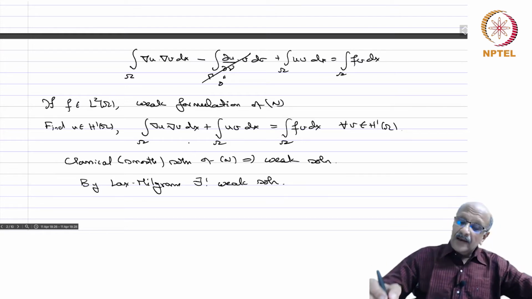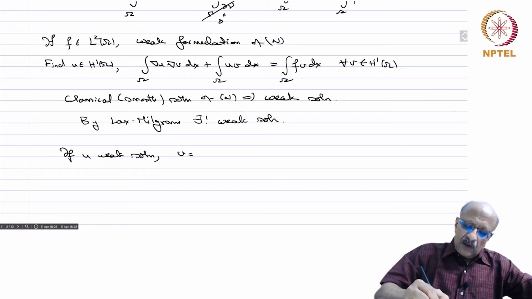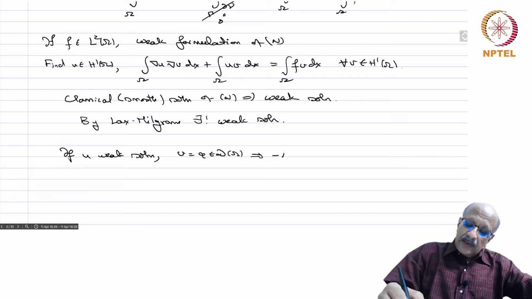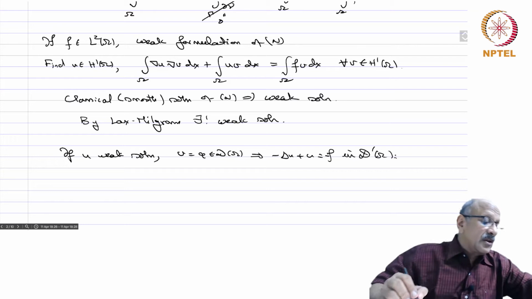On the other hand, if u is a weak solution, taking v equal to phi in D of Omega implies minus Laplacian u plus u equals f in the sense of distributions. So as distributions, this is certainly true.